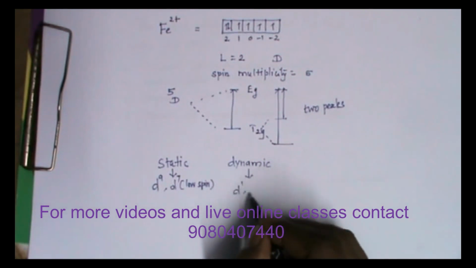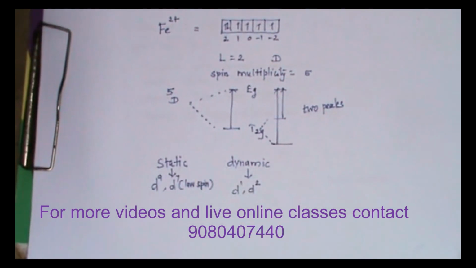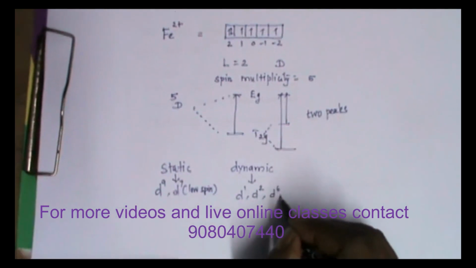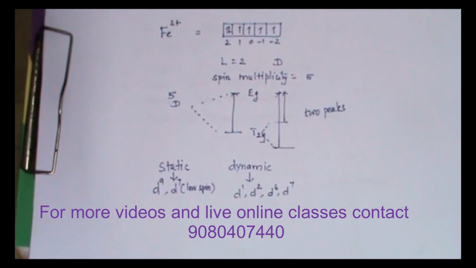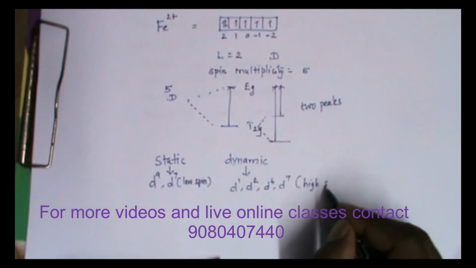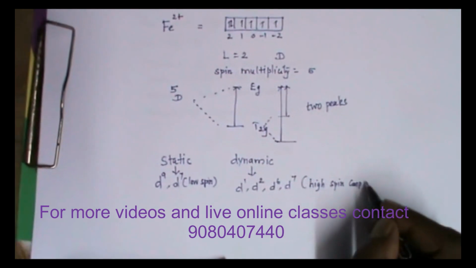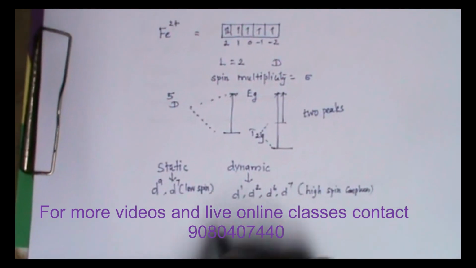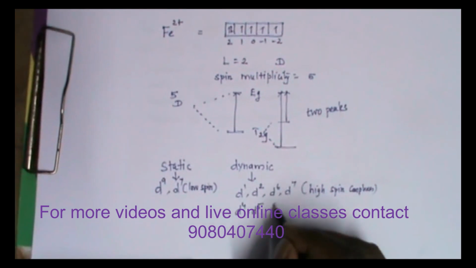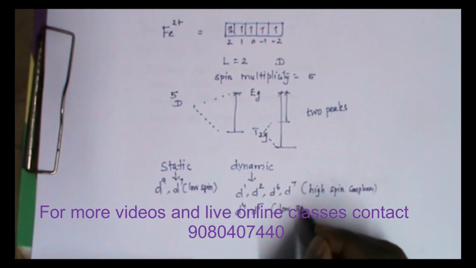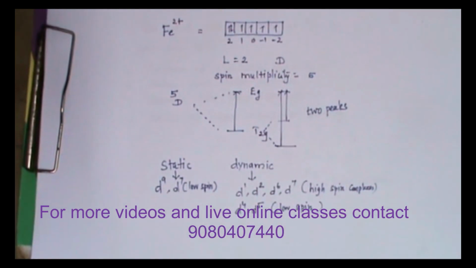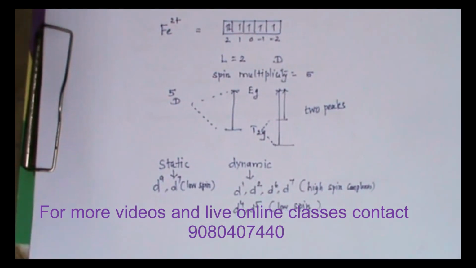Systems like d1, d2, d6, d7 high spin complexes, and even d4 and d5 low spin complexes can exhibit dynamic Jahn Teller distortion.